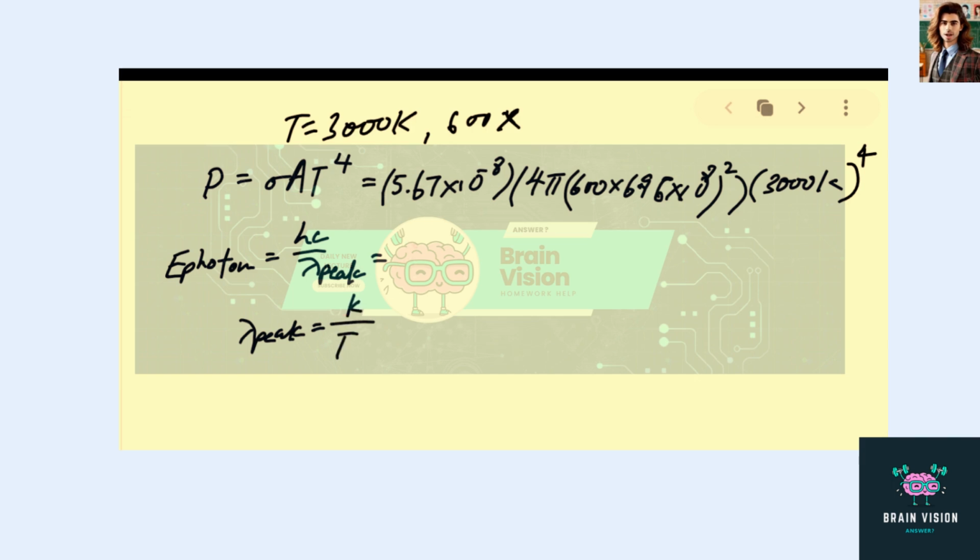So this is just hc times the temperature divided by the constant, which is 2.9 times 10 to the power minus 3. So the temperature over here is 3000 kelvins.